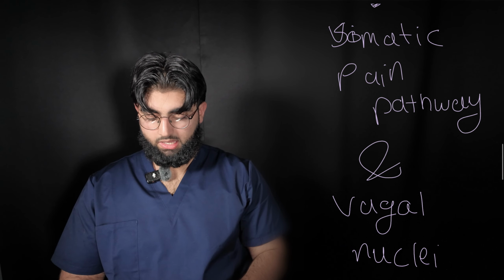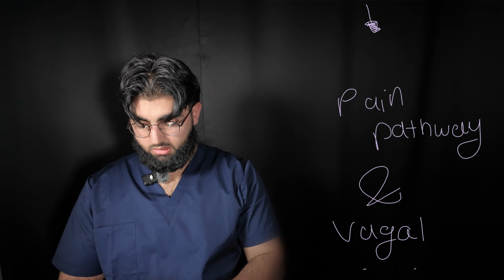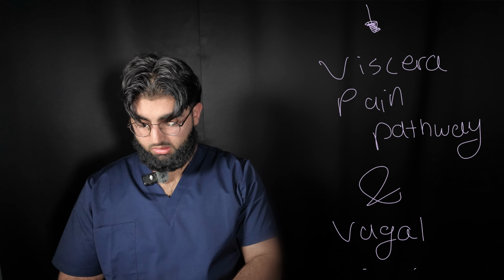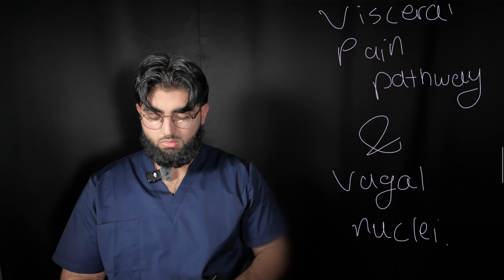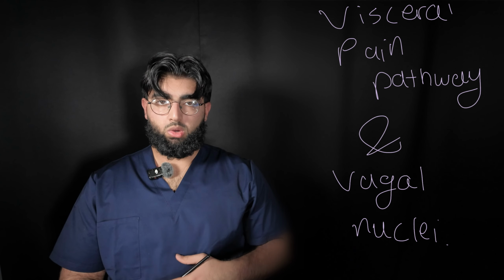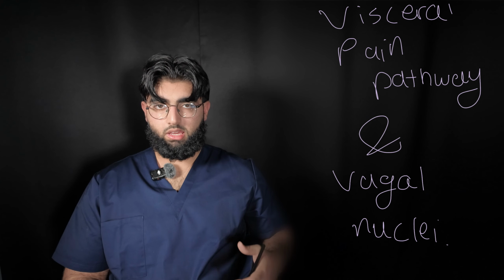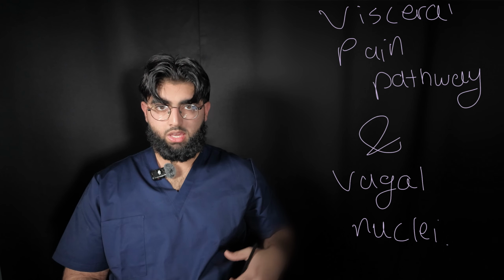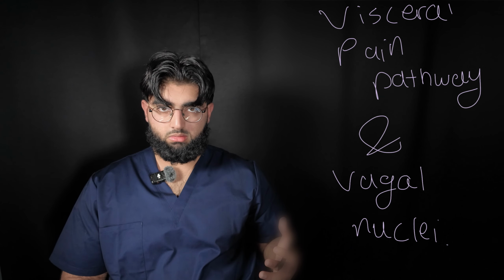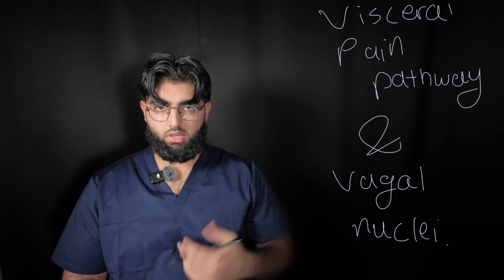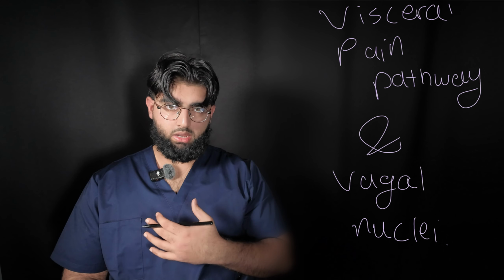So the somatic pain pathway, or I should say visceral, excuse me. So the visceral pain pathway and the vagal nuclei. So what this means is that when there is the pain actually occurring in appendicitis, the visceral afferents will carry that stimulation, that pain into the brain, right?